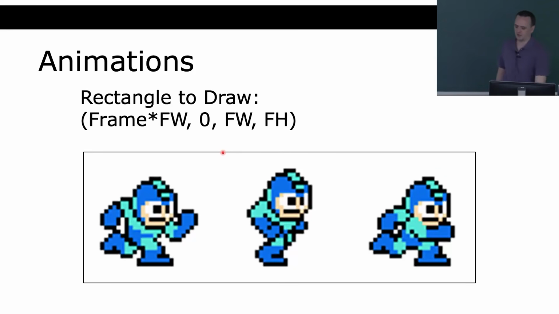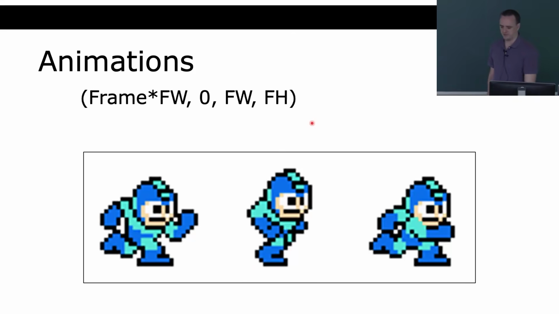So the top left corner always has y equal to 0. That's why I have this here. Then I figure out the frame width, which was the total size divided by 3 in the last example. I multiply that by the frame that I want to draw, and that's where the top left corner of the rectangle is. The dimensions of that rectangle are just the width of a frame and the height of a frame. And the height of the frame is the height of the texture.